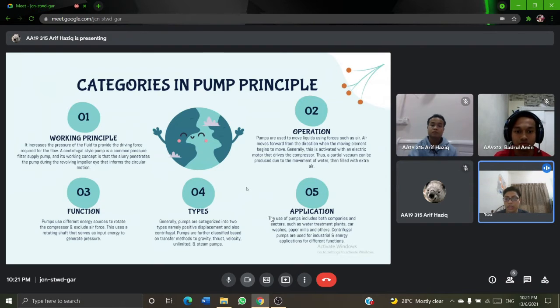For the function, pumps use different energy sources to rotate the compressor and exclude air force. For the types, generally, pumps are categorized into 2 types, namely positive displacement and also centrifugal. And lastly, for the application, the uses of pumps include both companies and sectors such as water treatment plants, car washes, paper mills, and others.